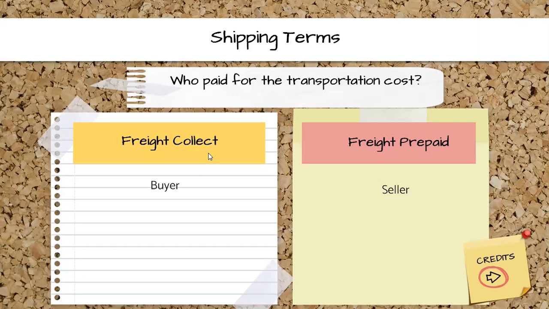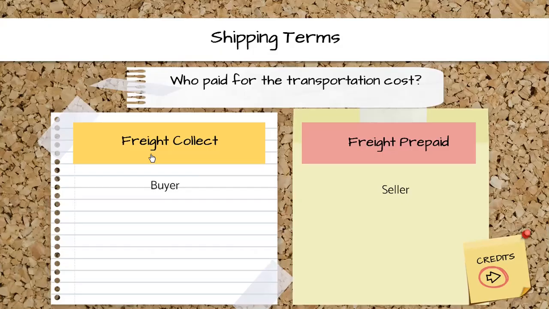So, we have these terms here, freight collect and freight prepaid. So pag sinabing freight collect, ibig sabihin, hindi pa binayaran ni seller ang transportation cost nung shinip na yung goods. So, that is why ang tawag freight collect. Kasi ibig sabihin, kolektahin na lang doon sa premises ng buyer ang transportation cost.